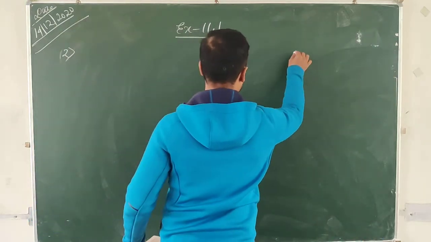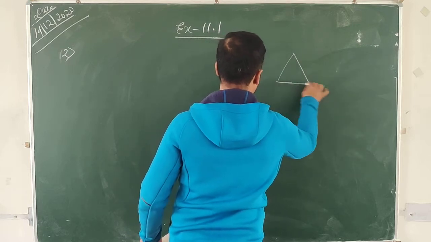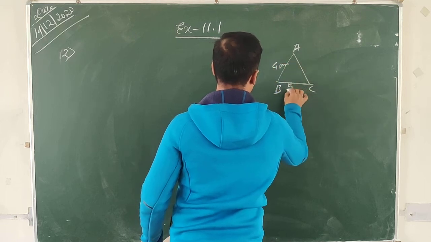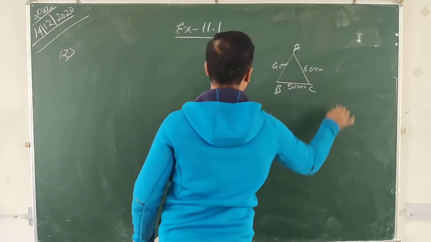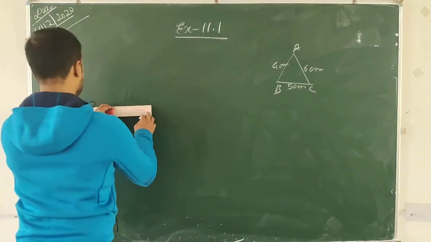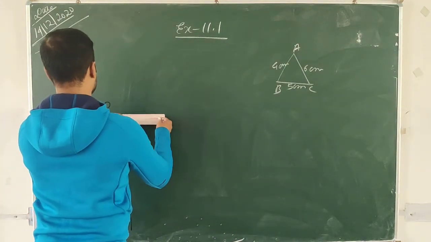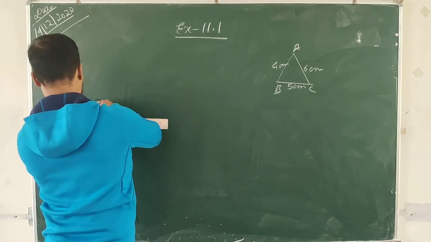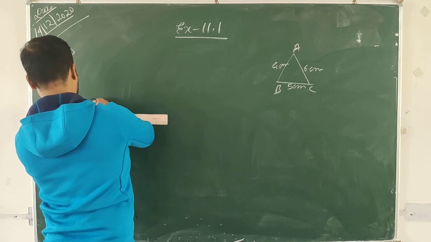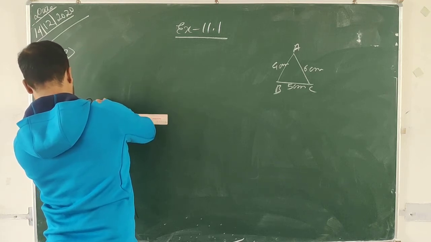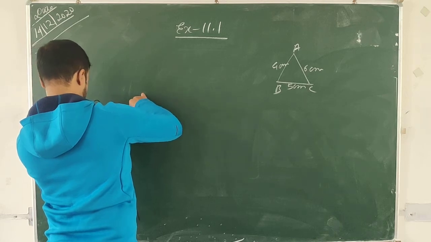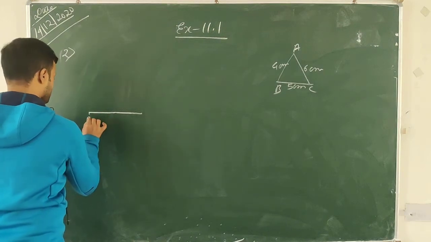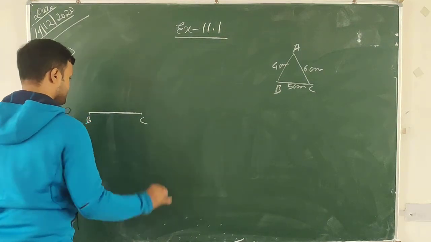Suppose it is ABC. First we will draw the base BC, 5 cm.